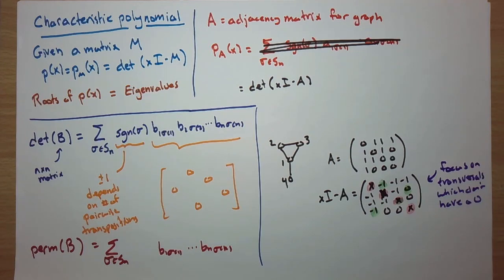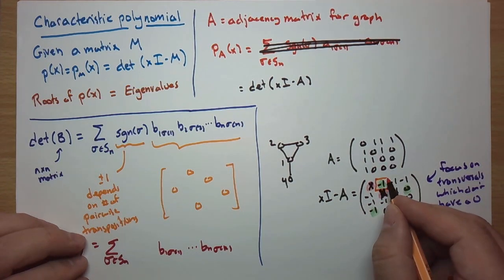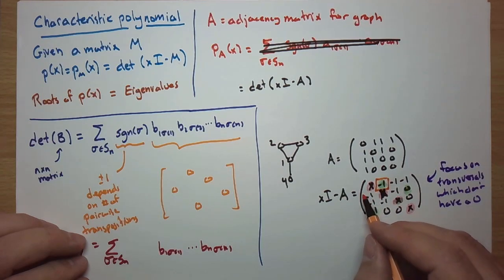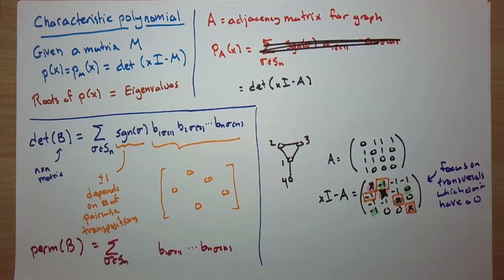This will get me in trouble as I try to use more and more colors. Say I pick here, and here, and here, and here. There's possibly some x's and some negative ones, and we're going to ignore everything with the zeros. So we have x's and minus 1.